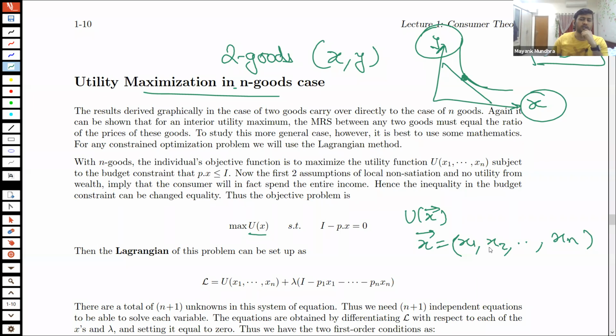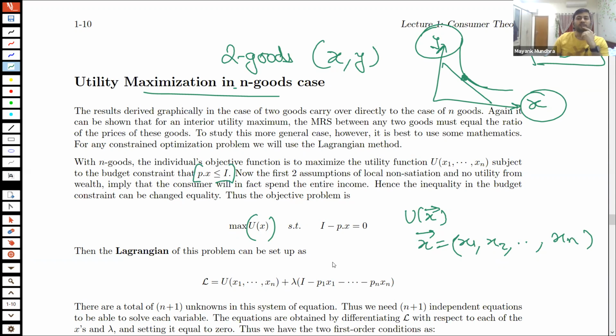It's not a scalar, not just a number. x is a vector now. x1 is the amount of good one, x2 is the amount of good two, and so on till the amount of the nth good. So u of x is the utility function for this n-dimensional bundle x. And the budget constraint in this case is p dot x is less than or equal to y.